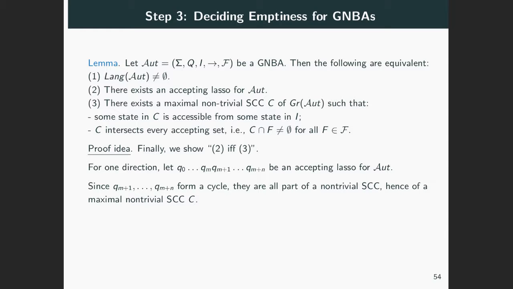If it itself is maximal, done. If not, then there exists another strongly connected component including it, and we ask if that one is maximal, and if not there is a larger one, and so on, until we reach a maximal one. This is the argument.